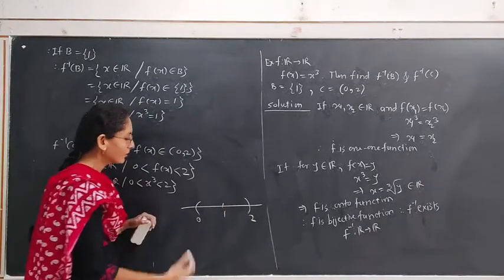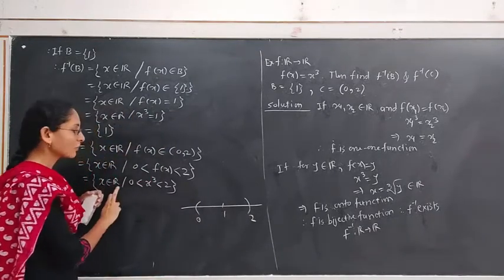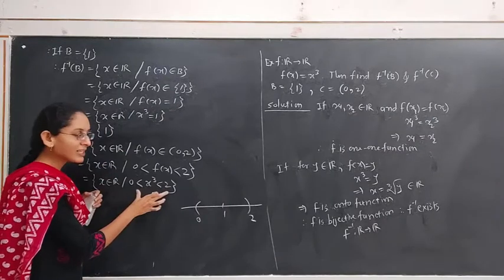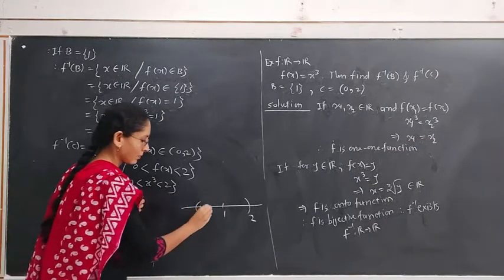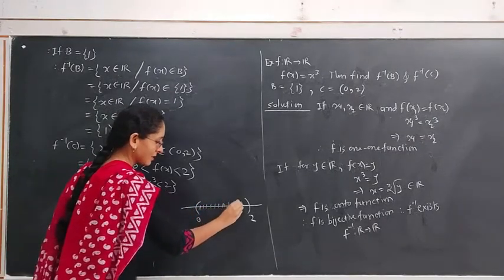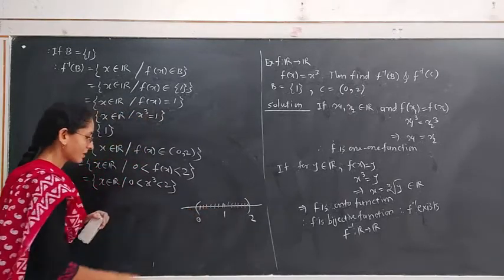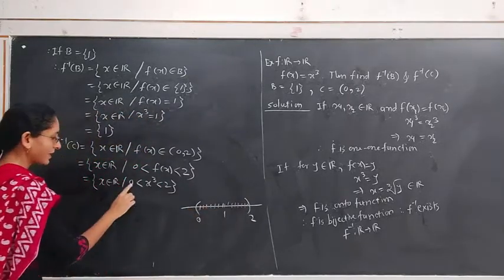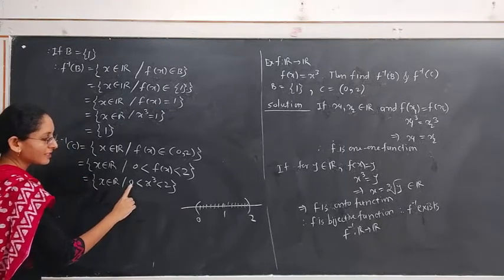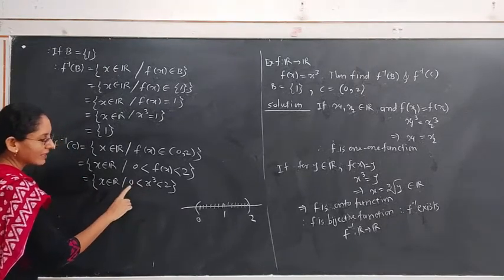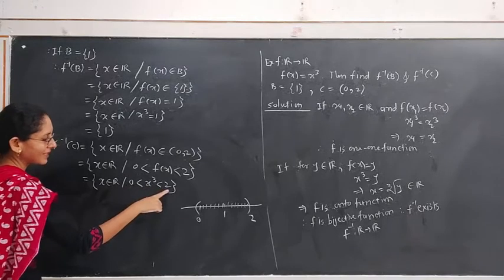Okay. We want to find the real numbers whose cube lies in between 0 and 2, all these elements satisfying the inequality 0 less than x cube less than 2.